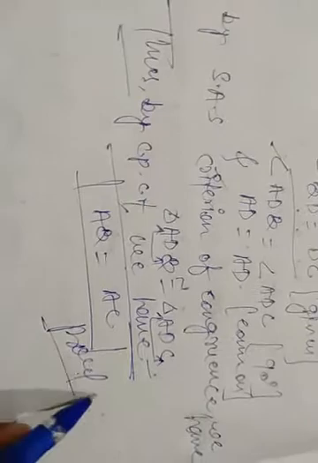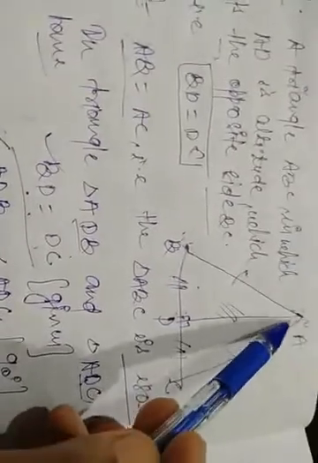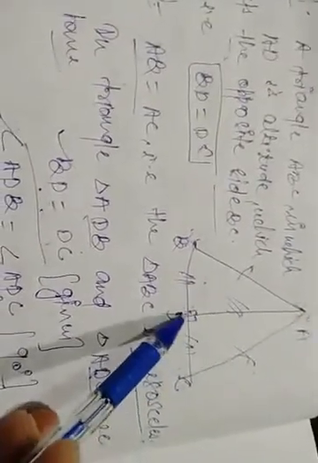Hence we can say that if the altitude from one vertex of a triangle bisects the opposite side, then the triangle is isosceles.